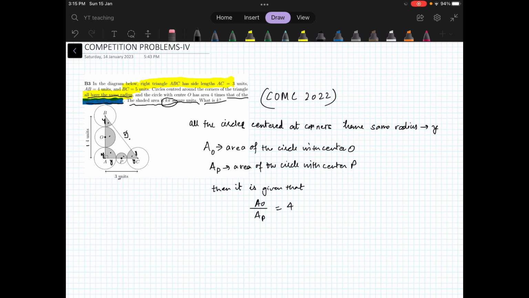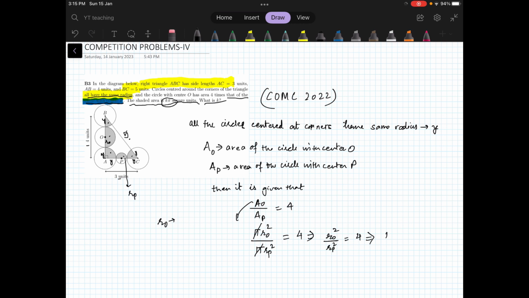So now we know the formula for AO upon AP, that is pi r naught square upon pi rp square, where r naught is the radius here and rp is the radius here. Okay, so pi and pi cancel, so I have r naught square upon rp square equal to 4.